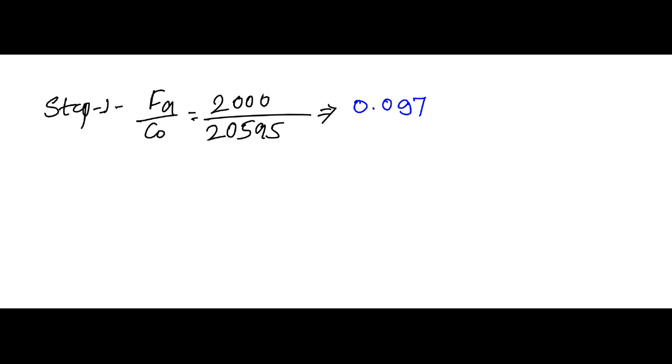So next, you need to select the value of e based on the ratio of Fa divided by C naught.